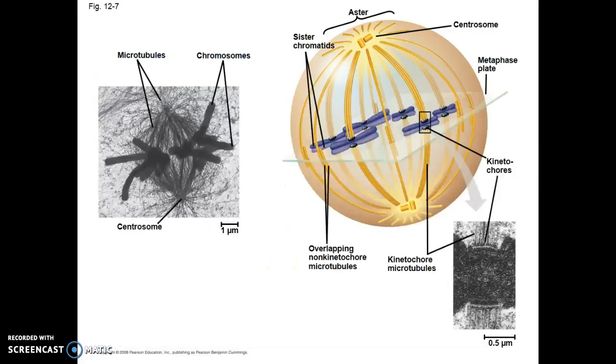Here's the picture again, the mitotic spindle at metaphase. This diagram shows two duplicated chromosomes arrayed at the metaphase plate.